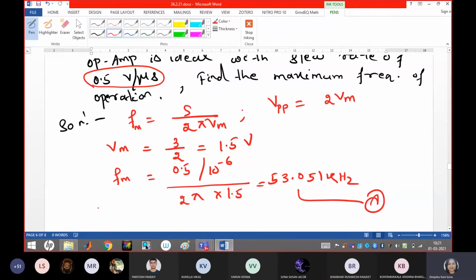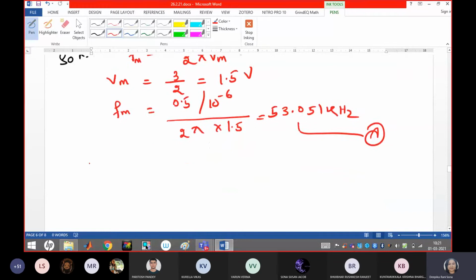Suppose one more example in continuation with the first example, with IC max and capacitor value. I'm just reading the question for you guys and I'll write the data for you. For a typical op-amp, IC max is 15 microamp. It has given.